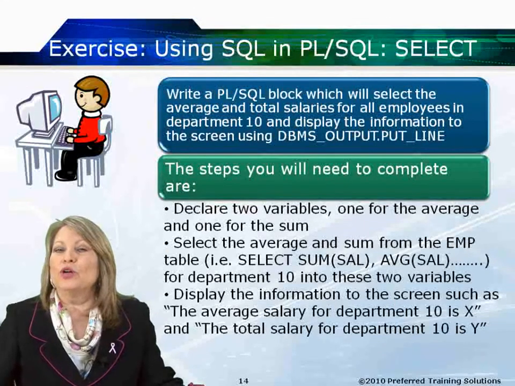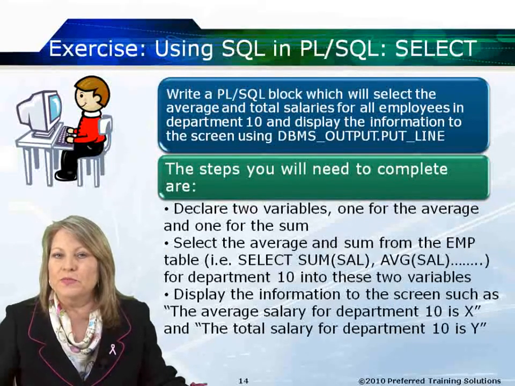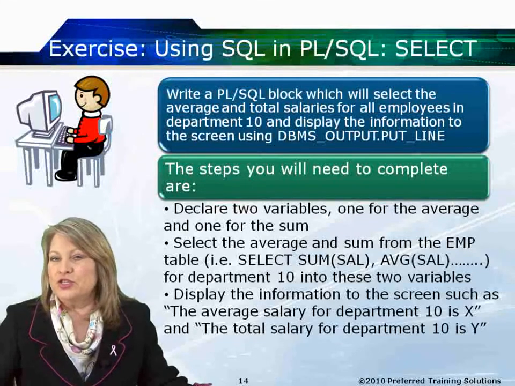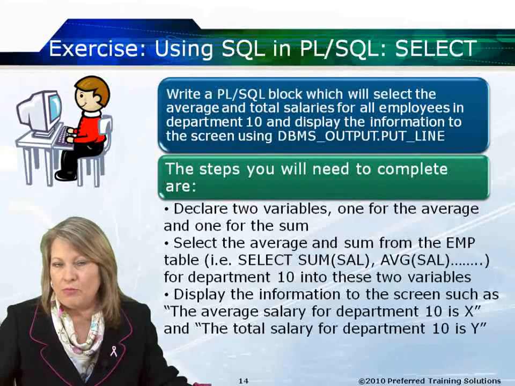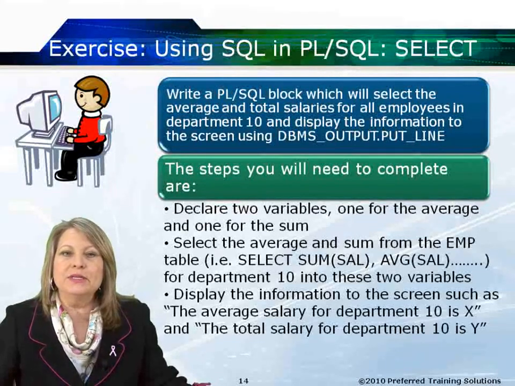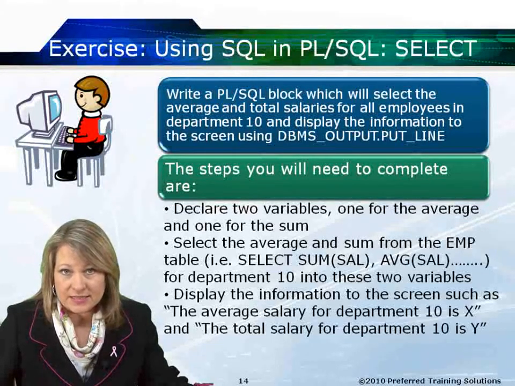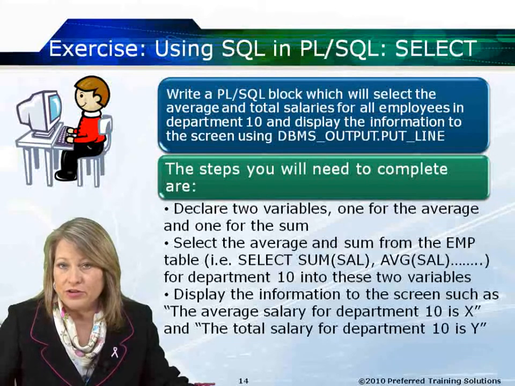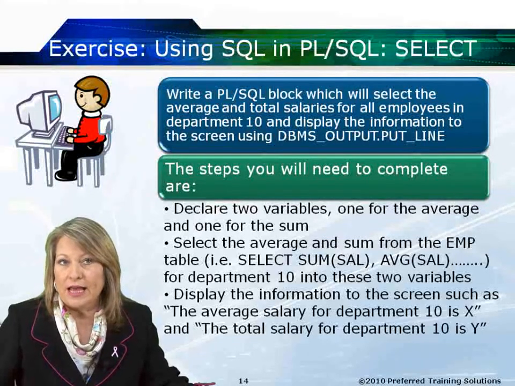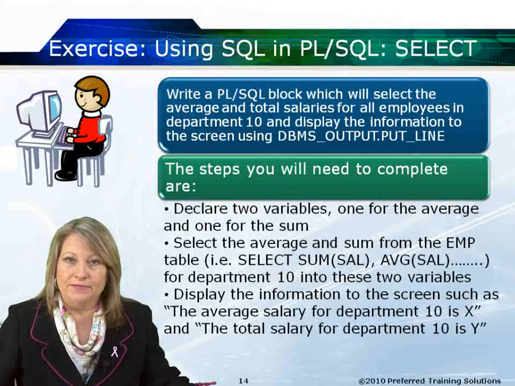And then finally, once you've retrieved that information from the database, print out a message to the screen using DBMS_OUTPUT.PUT_LINE and simply say the average salary for Department 10 is, and print out the value for your average, and the total salary for Department 10 is, and print out the total salary.